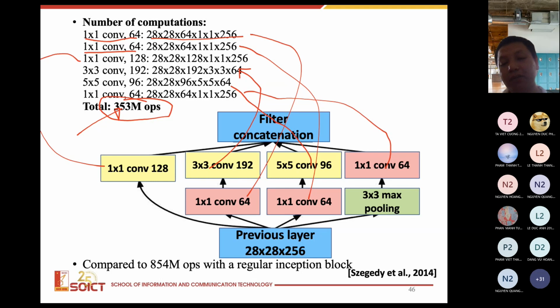The performance of GoogLeNet comes from the fact that they have a very special way to design the network. They implement the inception block that makes the network very deep, right?